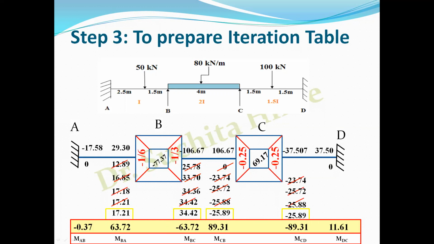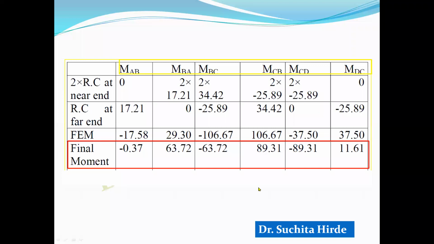So let us write this final moment in tabular form. We can write this final moment in two ways. In the first way, we write this in tabular form. Just now I told you that these are the final moments MAB, MBA, MBC, MCB, MCD and MDC. So what is MAB?